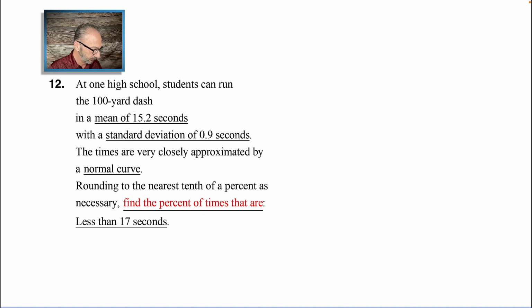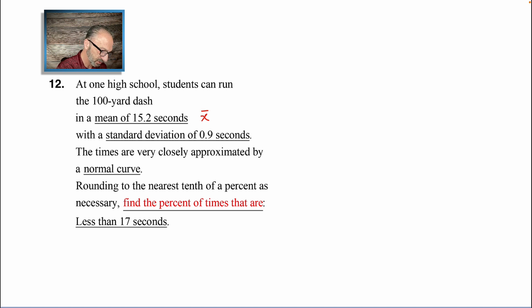Number 12. At one high school, students can run the 100-yard dash in a mean of 15.2 seconds. So let's keep that in mind. The mean is, let's call it x bar or mu. It's supposed to be mu, by the way.